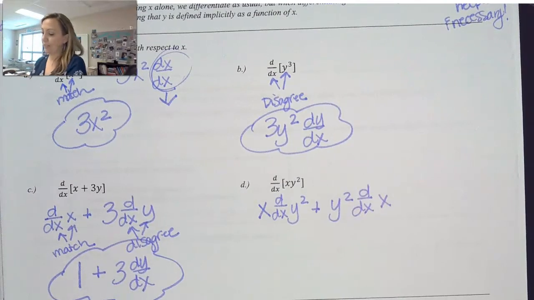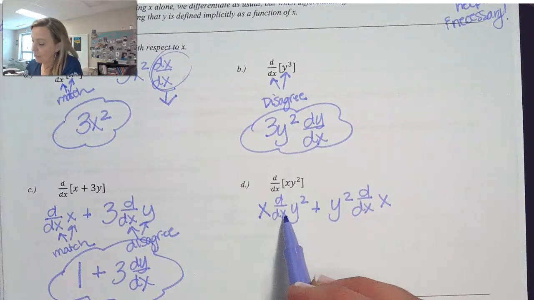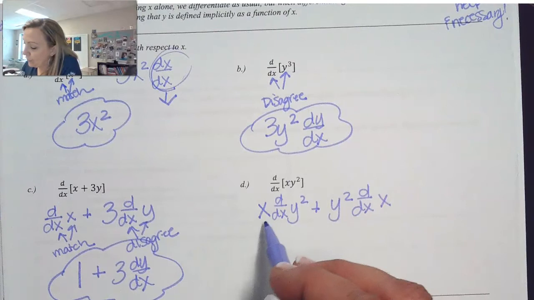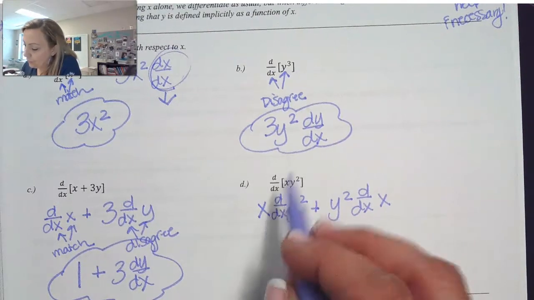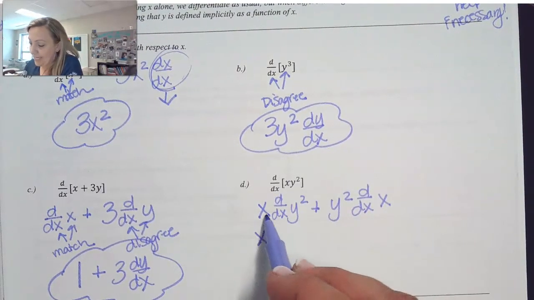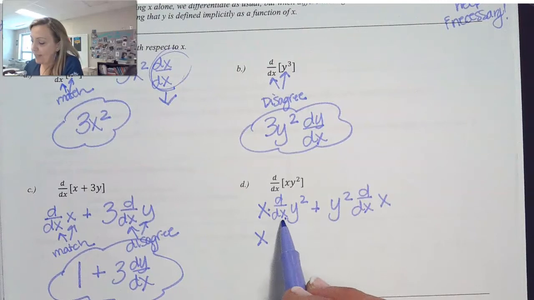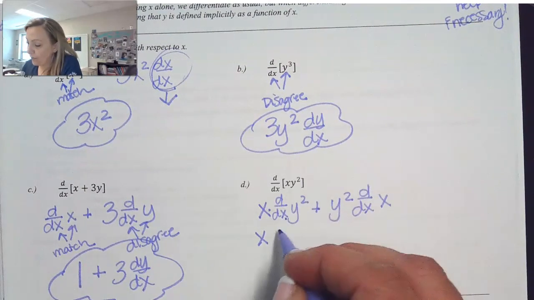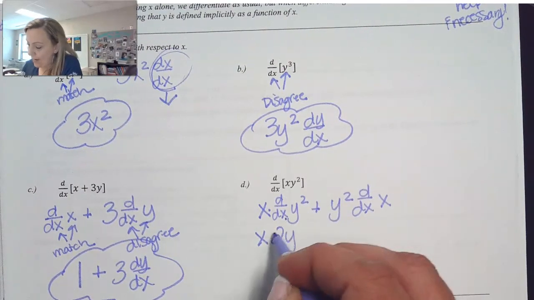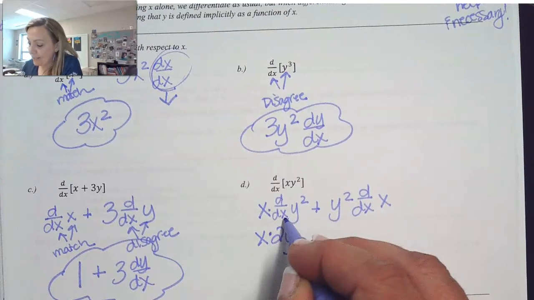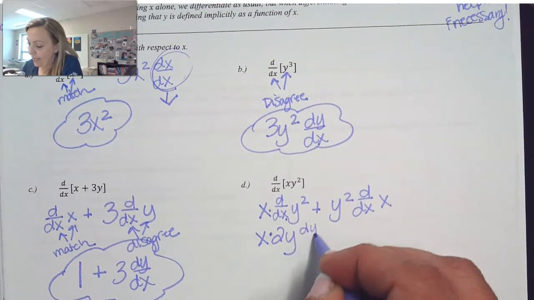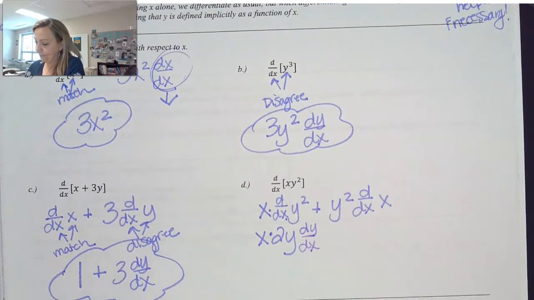Basically we're using our product rule there, and then we can differentiate as normal. So we're going to apply the chain rule here essentially. We take the x, but now we differentiate y squared with respect to x. So we can use the power rule. That leaves us with 2y, but since these disagree, we still have dy dx.